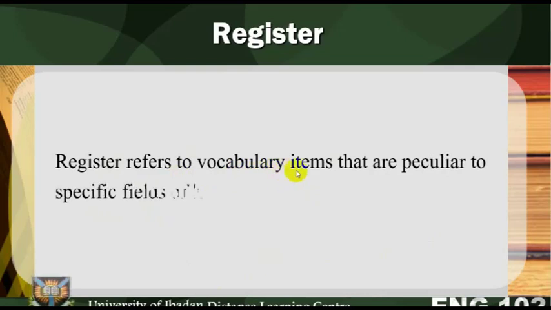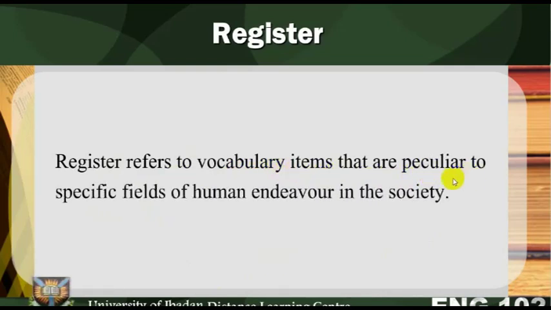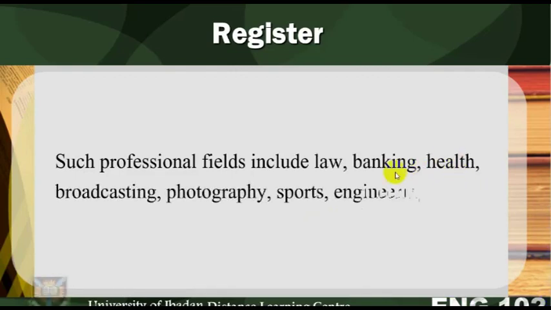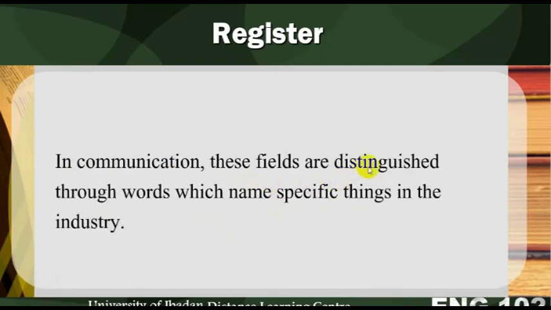Register refers to vocabulary items that are peculiar to specific fields of human endeavor in the society. Such professional fields include law, banking, health, broadcasting, photography, sports, engineering, agriculture. In communication, these fields are distinguished through words which name specific things in the industry.